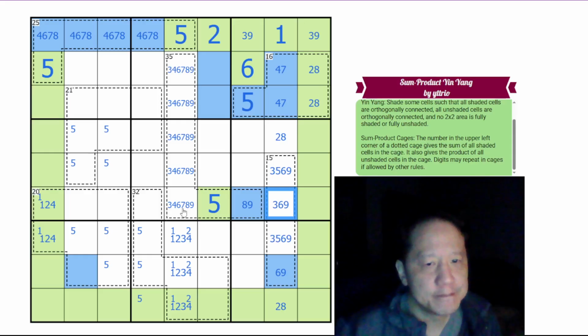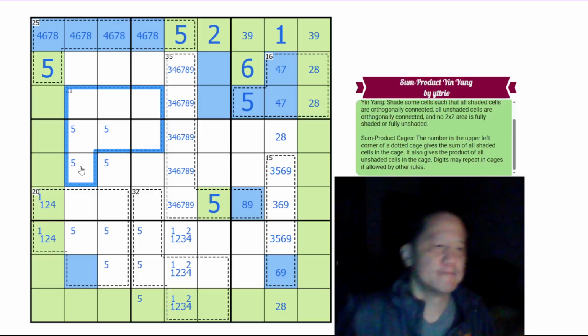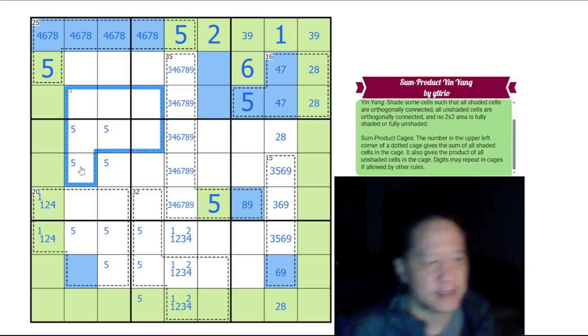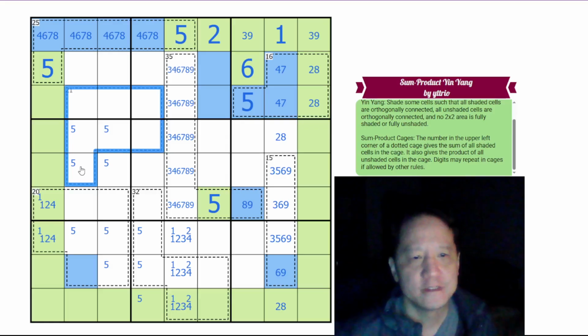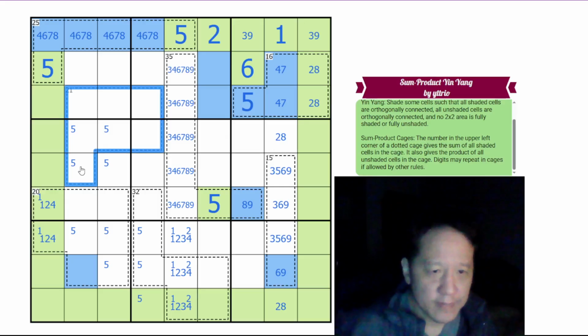Okay. 2 and 8 remaining here. This multiplied to get to 21 has to have a 3 and a 7. But that's all it really requires. Hmm. 32.